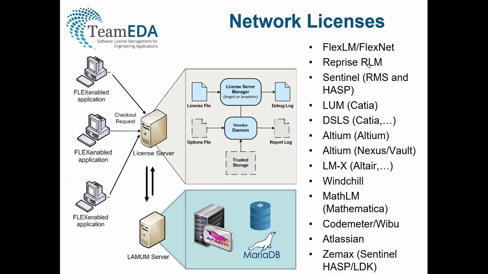We also look after Reprise RLM, Sentinel, both RMS and HASP, LUM and DSLS, which are Dassault Systèmes products, Altium, we have parsers for both Altium and their Nexus Vault, LMX, which is an Altair product, Windchill from PTC, MathLM from Mathematica, CodeMeter and Wibu, Atlassian, and Zemax, which is a special Sentinel HASP configuration.